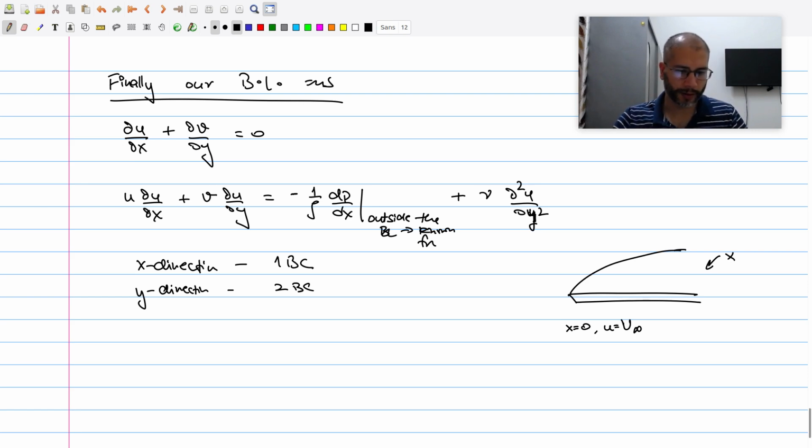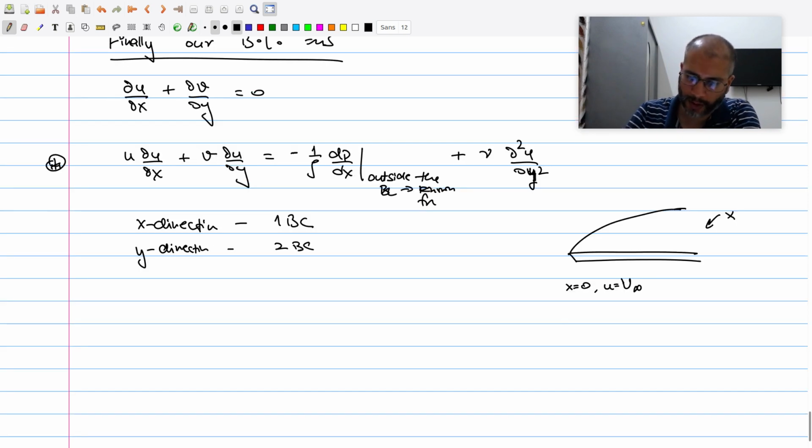Okay. There is also something very interesting here in this x momentum equation, that mathematically this equation is of the parabolic type. Okay, we have not discussed in this course, but you may have studied that in your engineering mathematics course, that partial differential equations are categorized into three types, the elliptic type, the parabolic type and the hyperbolic type.